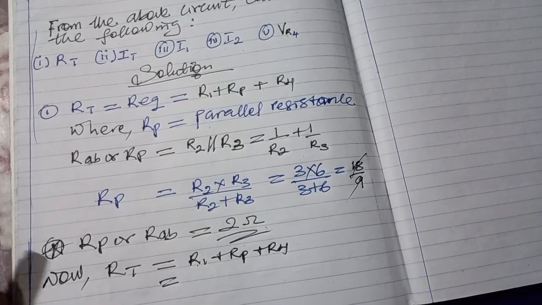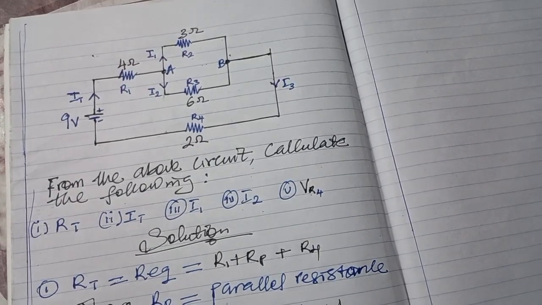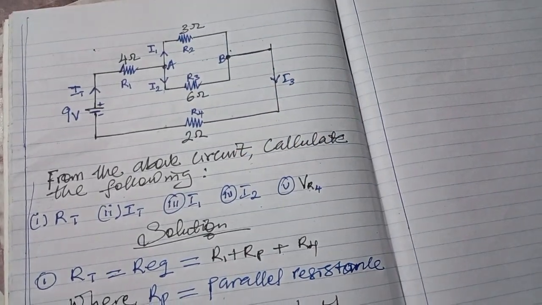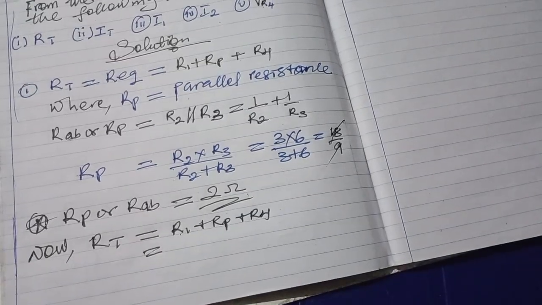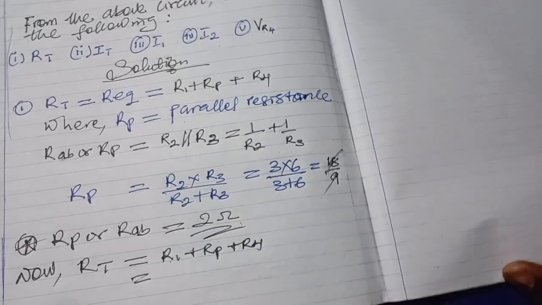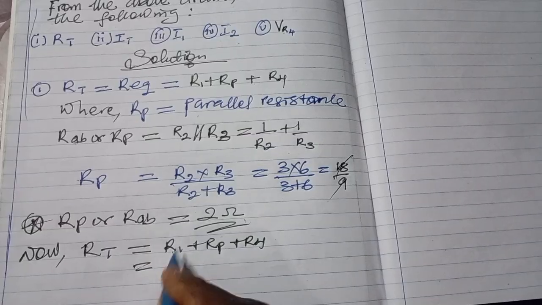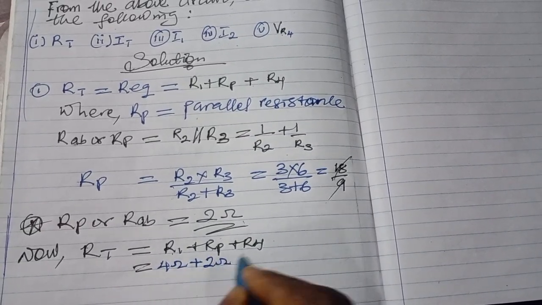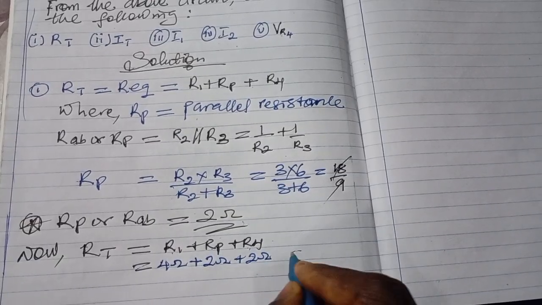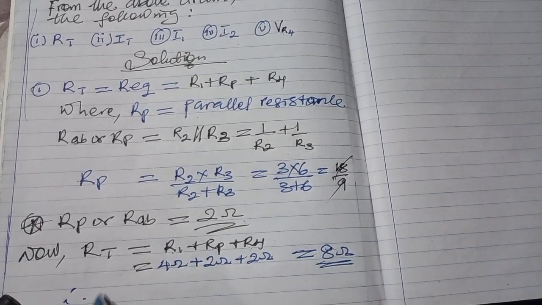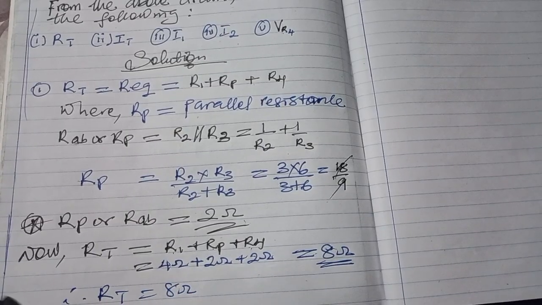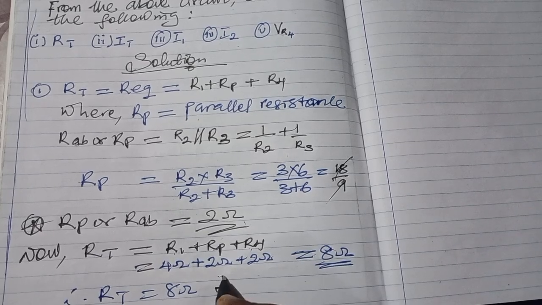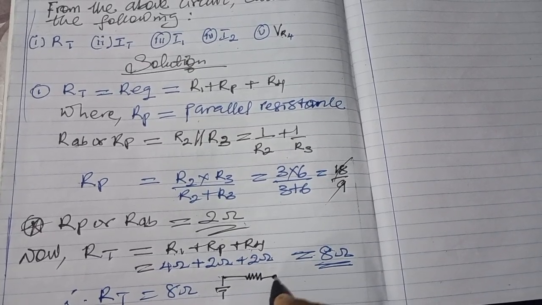R1 is 4 ohms, RP is 2 ohms, and R4 is 2 ohms. This is equal to 8 ohms. RT is 8 ohms. Now see how the circuit is now. We can have something like this, because everything is now in series.